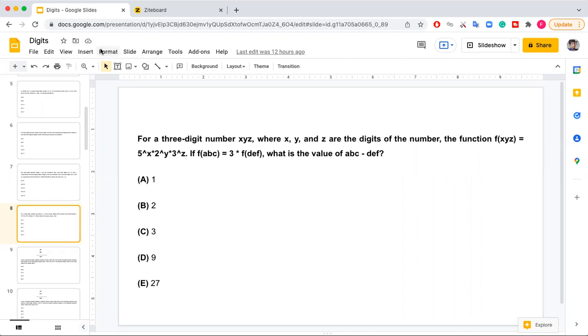Okay, so what's the answer for this? This is exactly the same question which we discussed. 9.